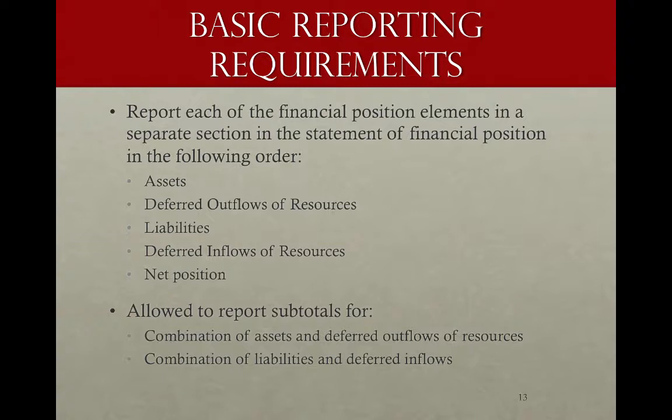They ought to have the option, and there really wouldn't be any harm in doing it as long as deferred outflows were in their own section and had their own subtotal first, and deferred inflows were in their own section and had their own subtotal first before being combined with assets and liabilities in an additional subtotal. And the board accepted that argument and agreed that there really wouldn't be any harm in at least allowing it as an option.